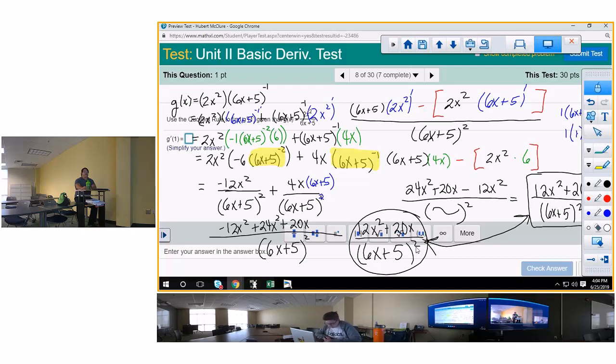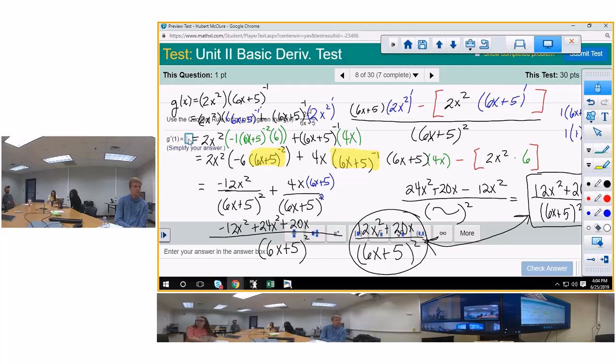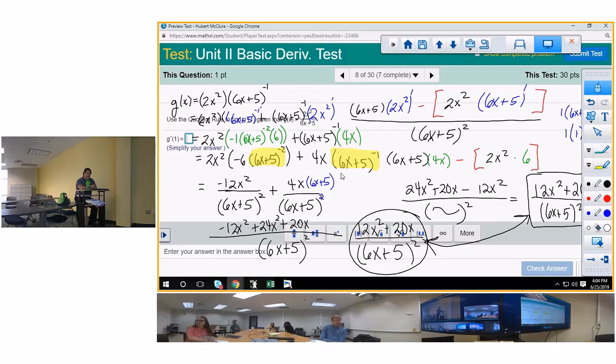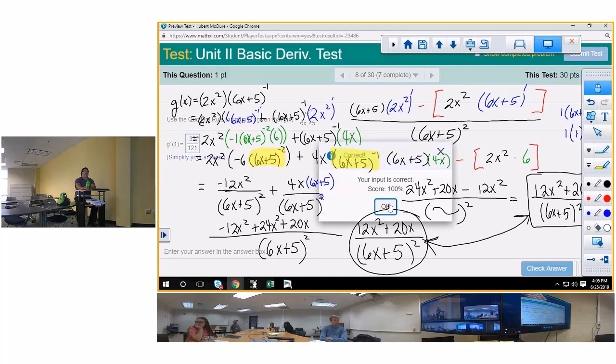I forgot what's on top, but 121's on the bottom. 32 over 121. Okay. Somebody see if it's simplified. I'm just going to put 121. I do good to remember, much less simplify. I know 121 is only divisible by 11. So I think we'll just go there. We feel good about ourselves.